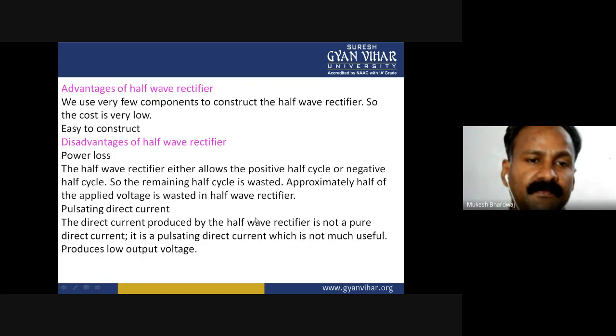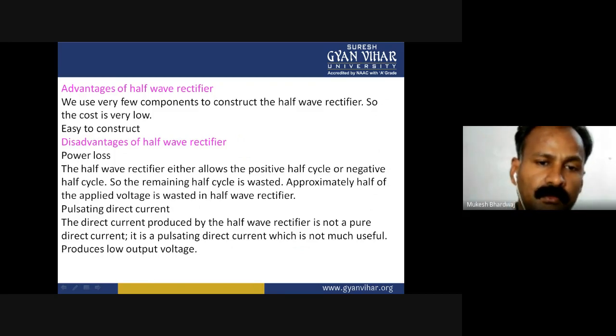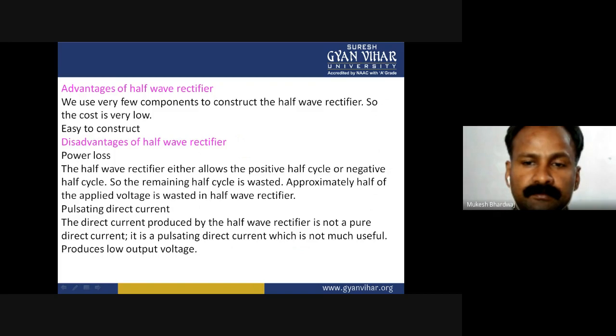Advantage of half-wave rectifier. We use very few components to construct the half-wave rectifier, so the cost is very low and it is easy to construct. Disadvantages of half-wave rectifier. First is power loss.